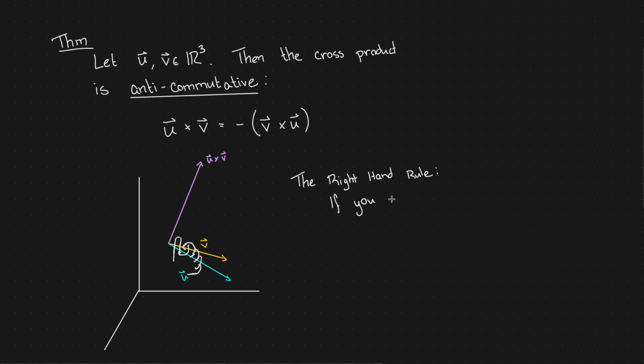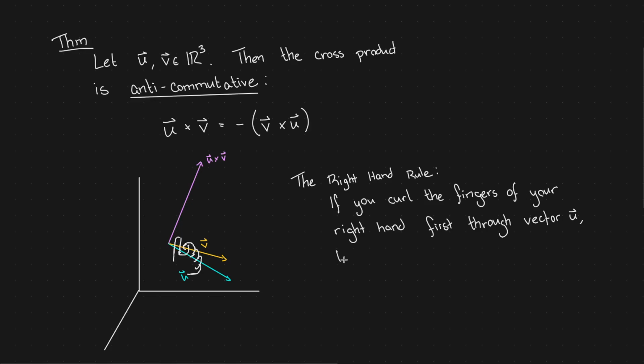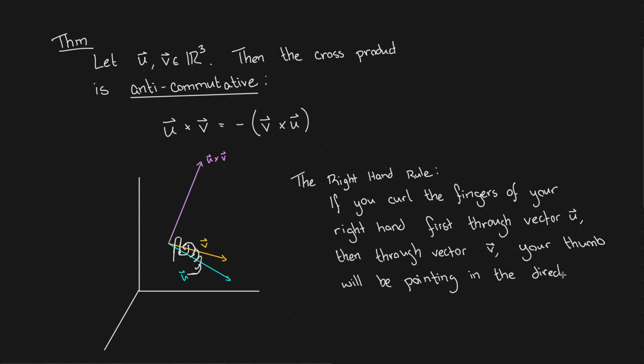If you curl the fingers of your right hand first through vector u, then through vector v, your thumb will be pointing in the direction of u cross v.